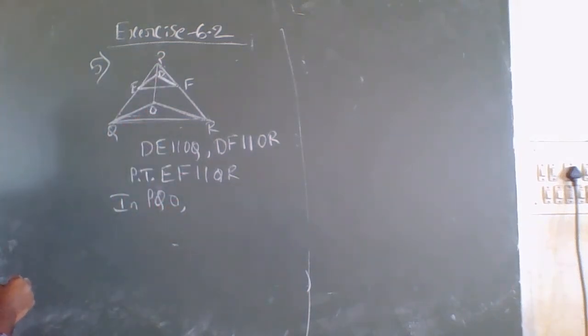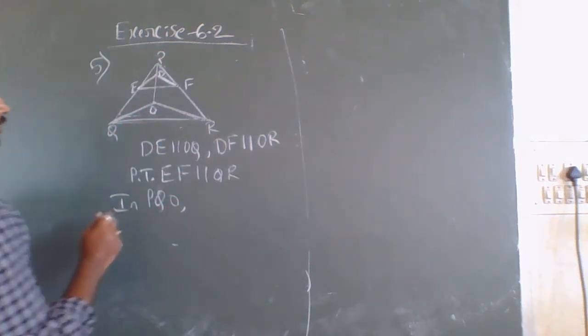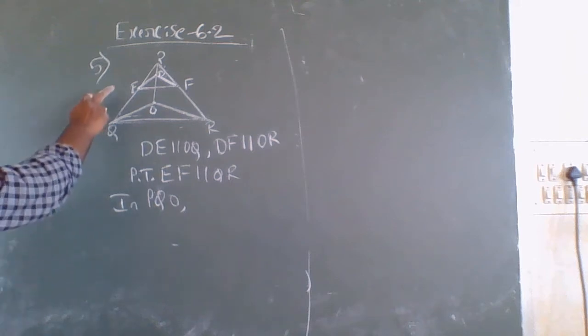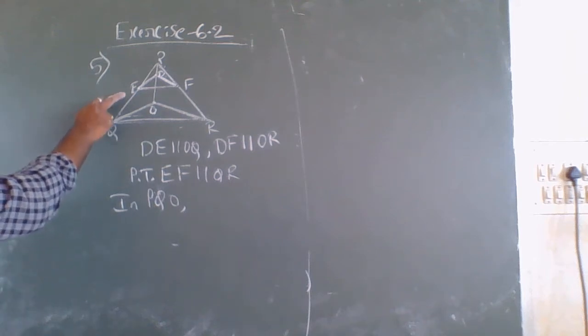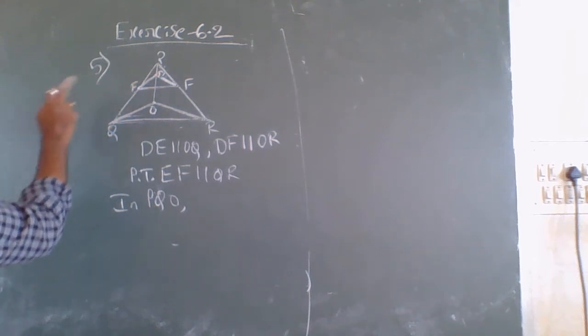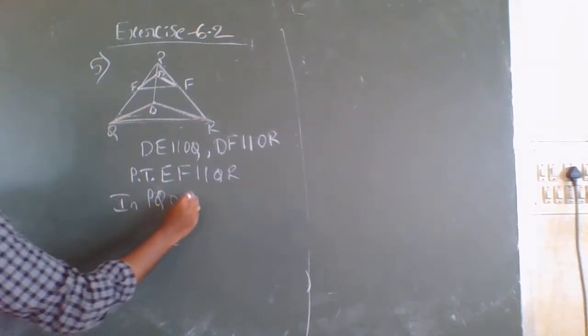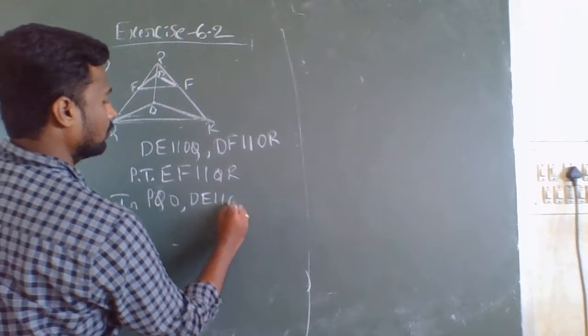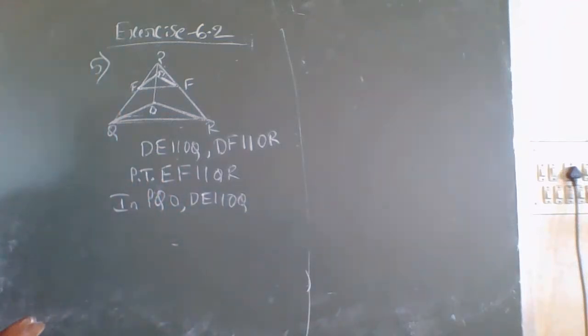And what they are given here, in triangle PQO, they are given that this DE is parallel to OQ. They are given here in the problem only.